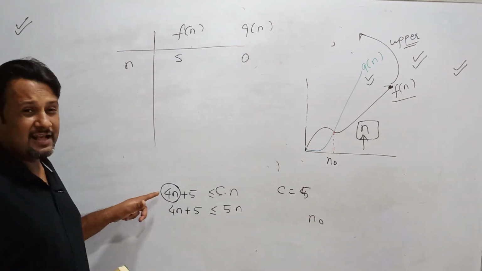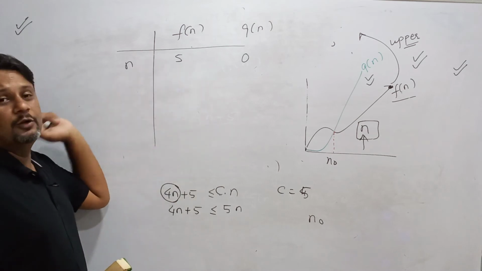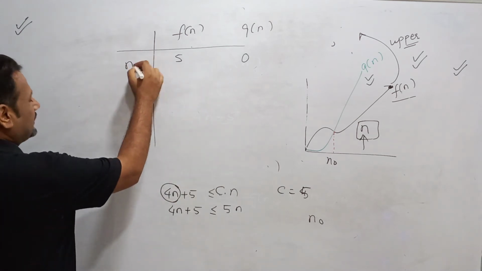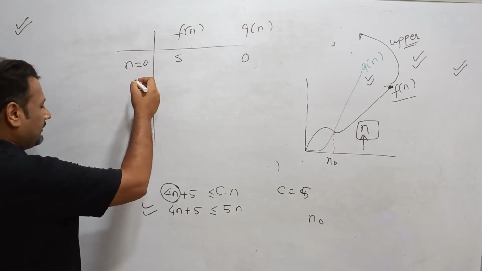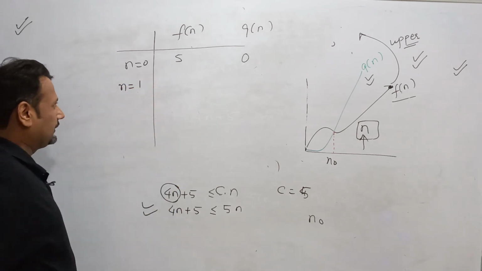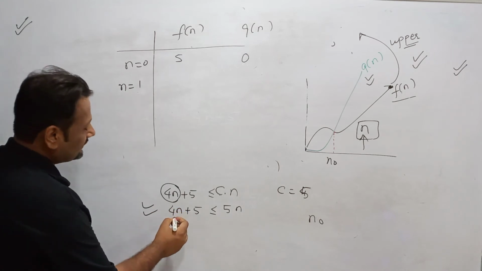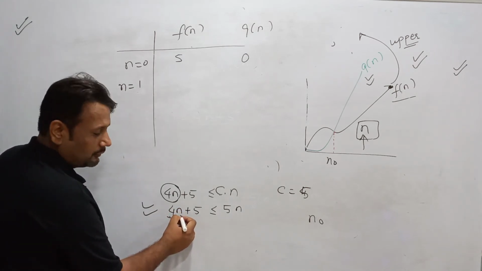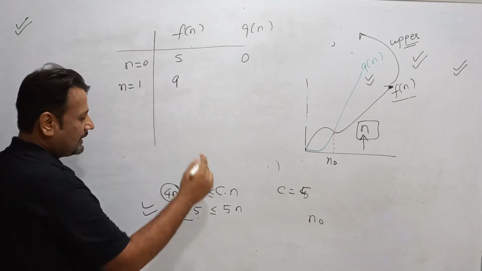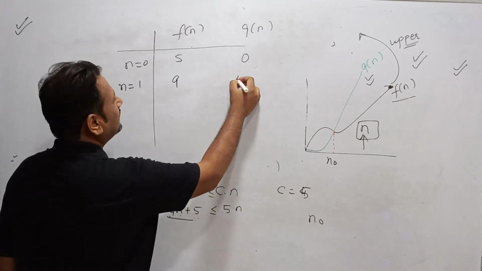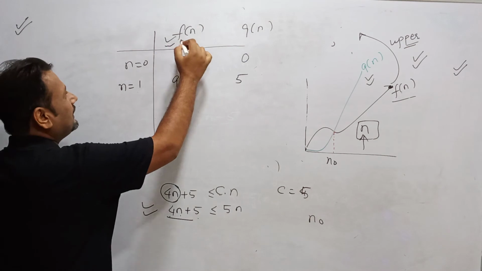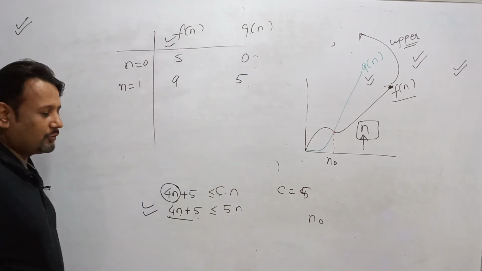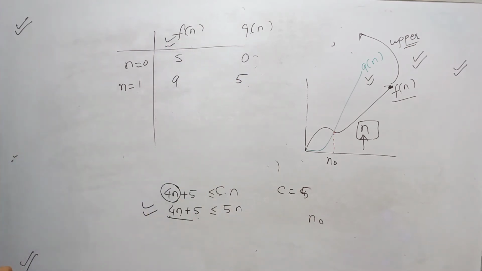So f(n) is higher than g(n), so this is not possible. For n equal to 0, this cannot be proved as true. Now take another example, n equal to 1. 4 into 1 is 4, plus 5 is 9. And here we have 5 into 1, 5. So for n equal to 1, you can still see f(n) is greater than g(n). So this cannot be proved for n equal to 1 also.